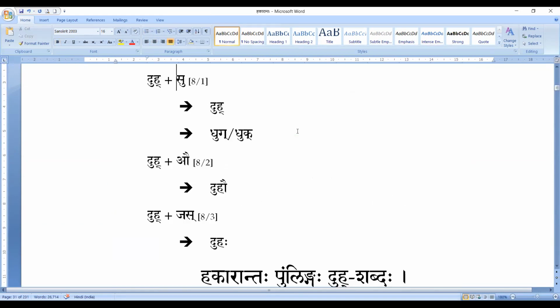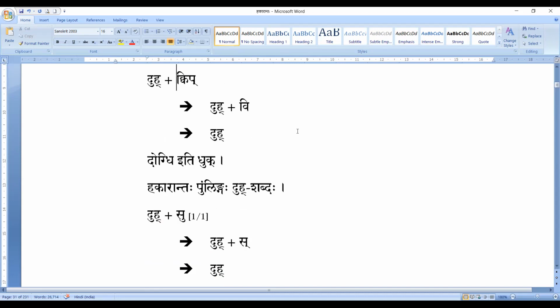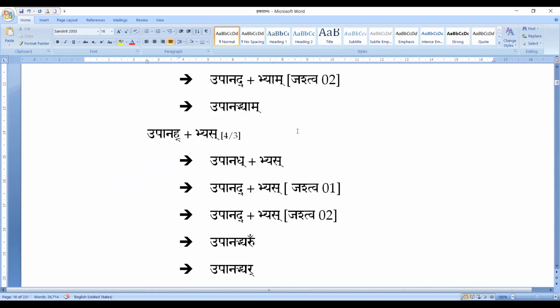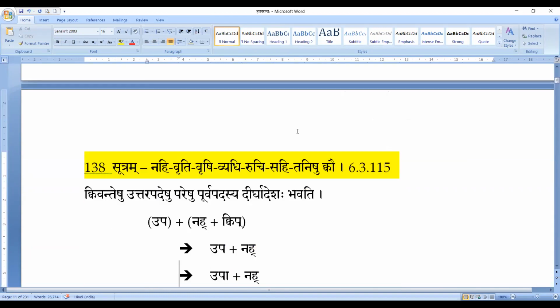In this sequence, Dasidut is 137, not the sutra number, my own number; I have given a number to everything. 137 is Dasidut. 138 we have also seen. 138 is Nahi Vritti, etc.